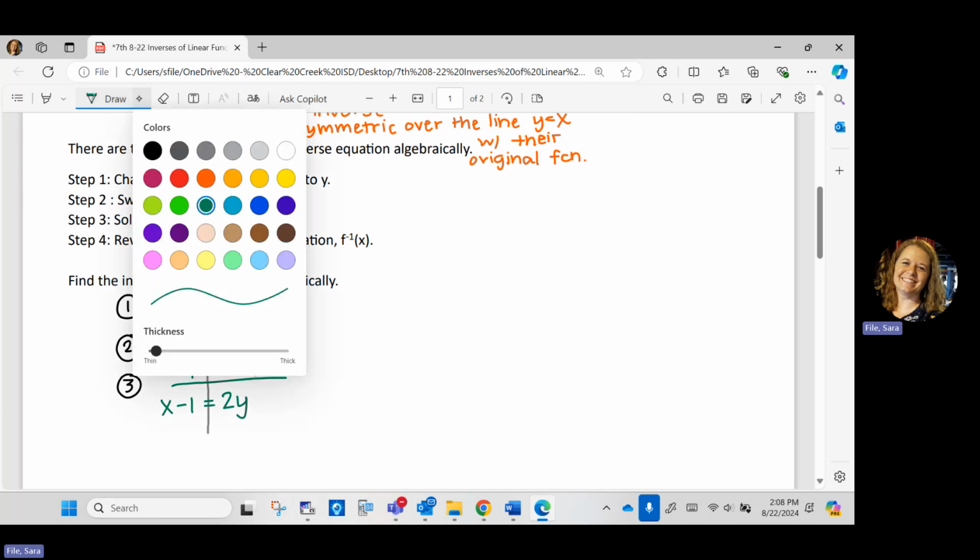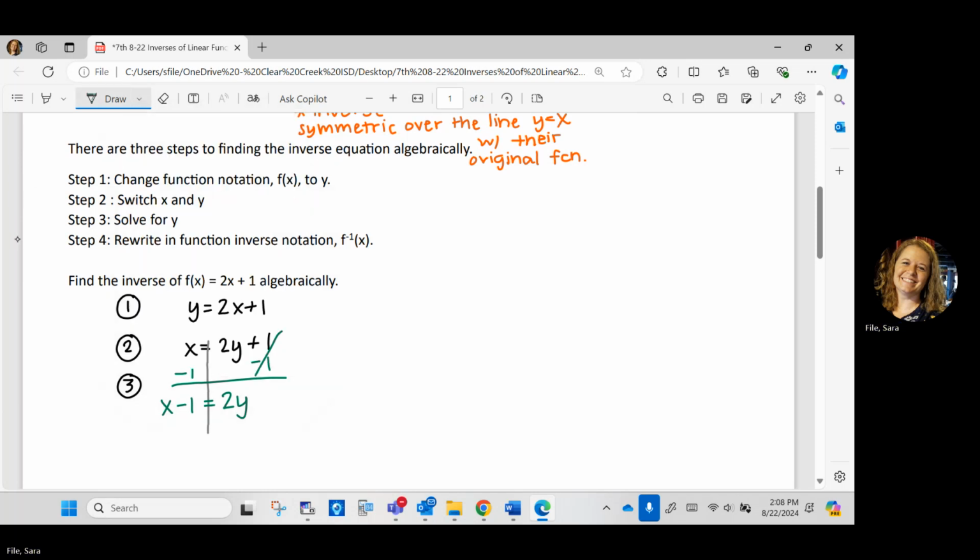Now, how do I get rid of that 2 on the y? Okay, I'm going to divide. What you do to one side, you do to the other. Now, the other side has 2 terms, an x and a 1. Which one of them do I divide by 2? Just the x?